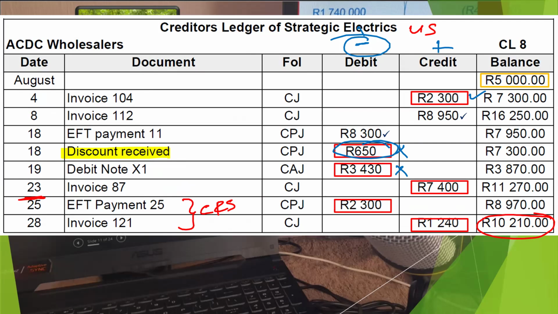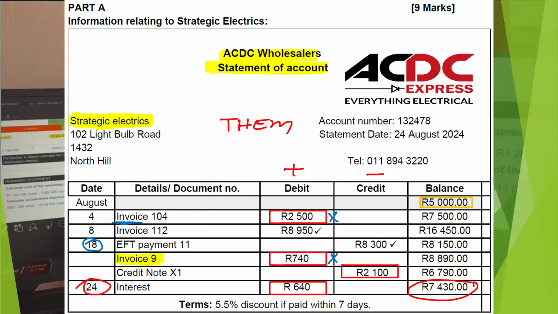So we gave a creditor a debit note of 3,430. In return, the creditor will give us a credit note, and their credit note was 2,100. It means that they are only accepting that 2,100 as the value of goods returned, and they are simply saying to you, we accept that this was our mistake. It was an error from our side.